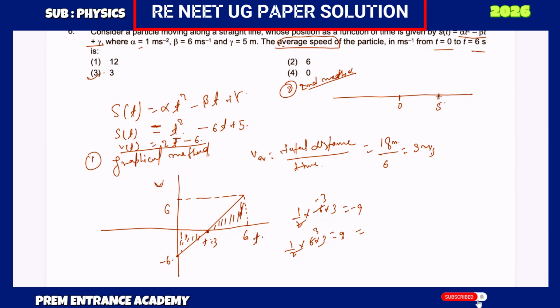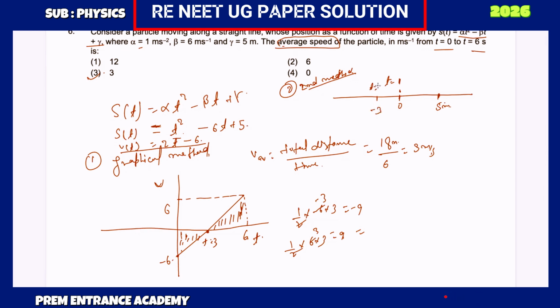This means the particle at 0 seconds is at a distance of 5 meter, but at 1 second it is at the origin. At t = 2, it is 4 + 5 − 12, that is 9 − 12, which is −3.